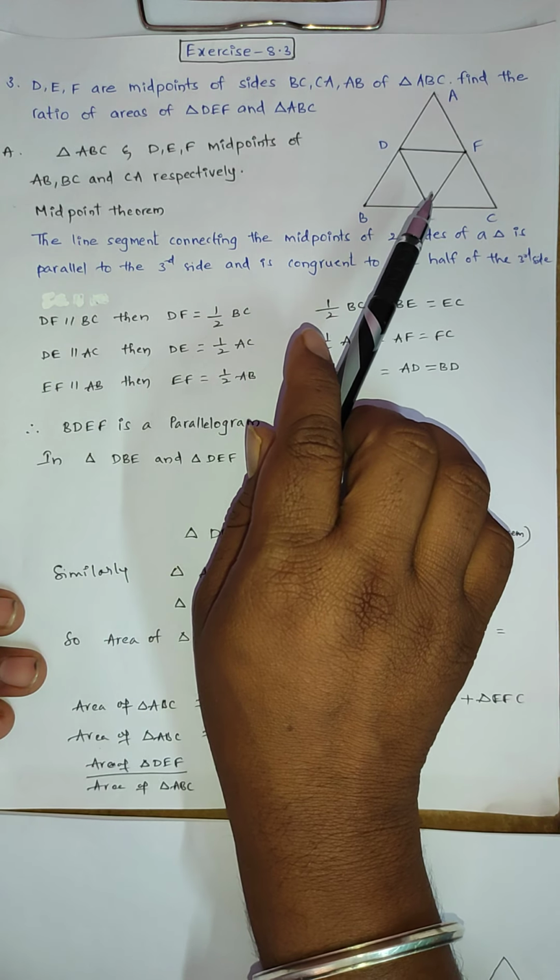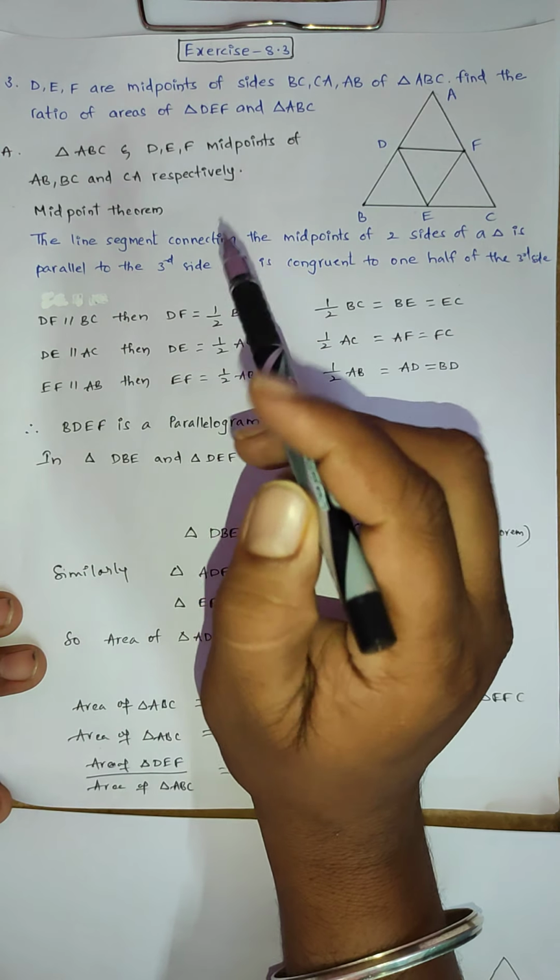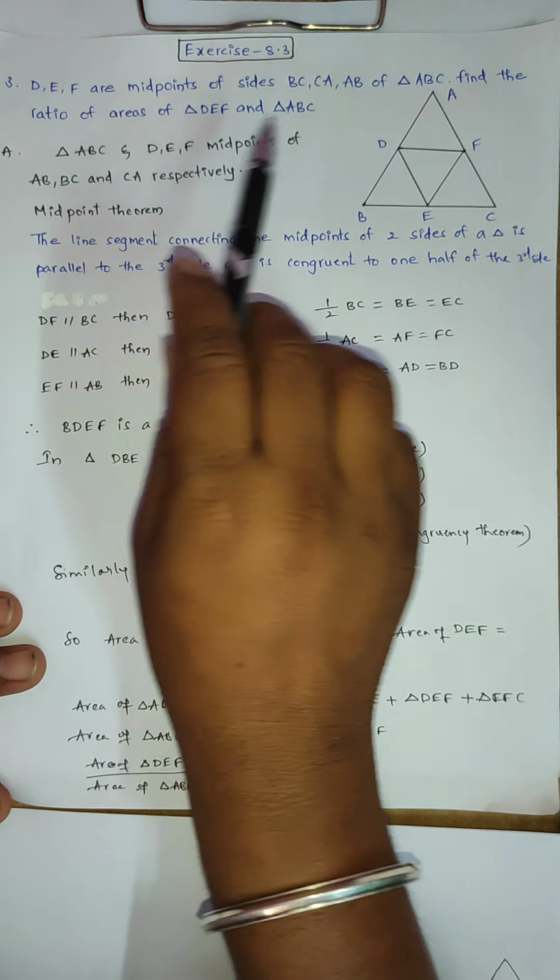In this triangle, given 3 midpoints, and when we locate these 3 midpoints, observe here: ABC one triangle, ADF one triangle, DFE one triangle, DBE one triangle, FEC one triangle. 1, 2, 3, 4 small triangles and ABC big triangle. Understood?